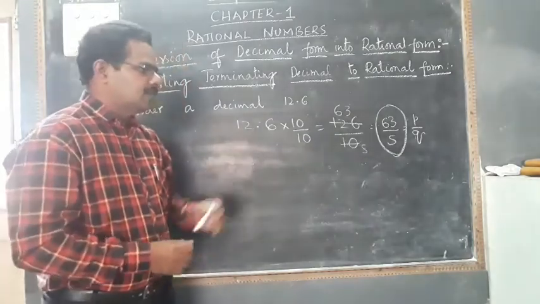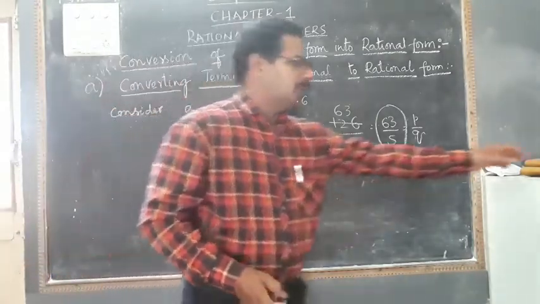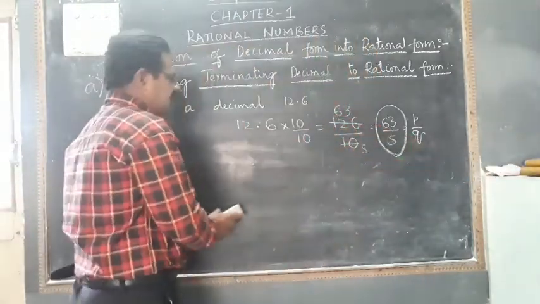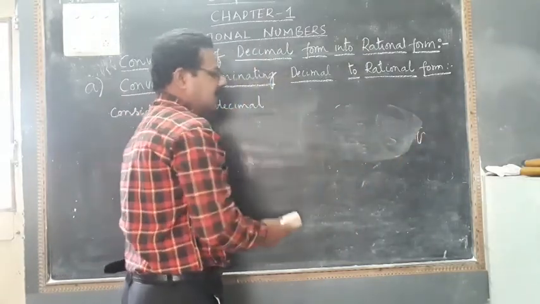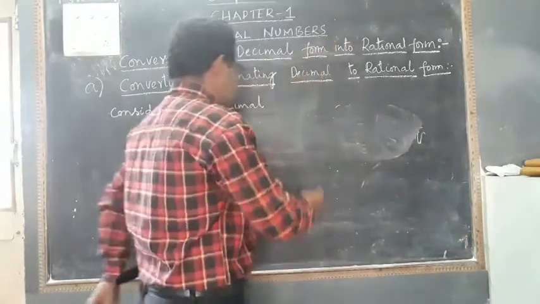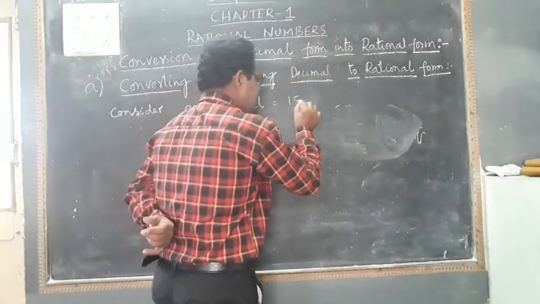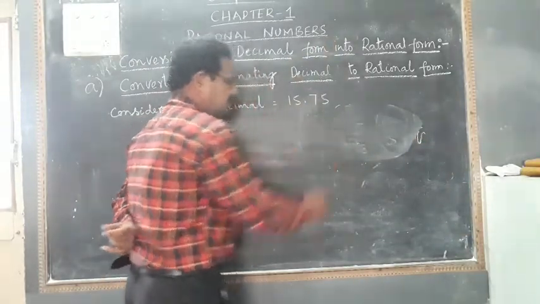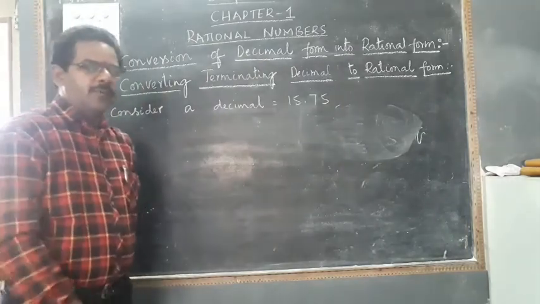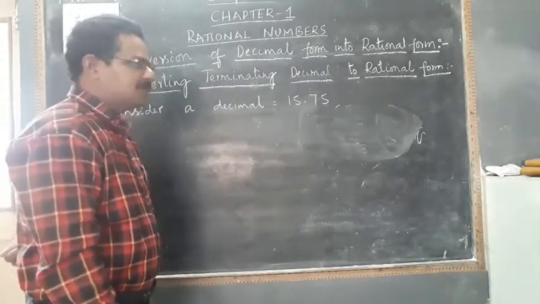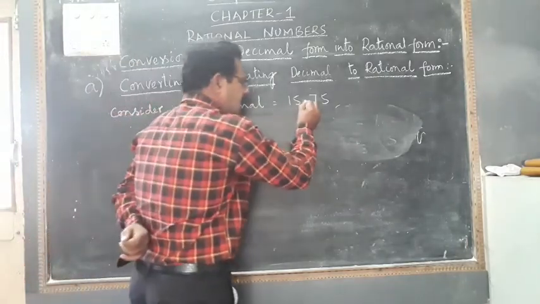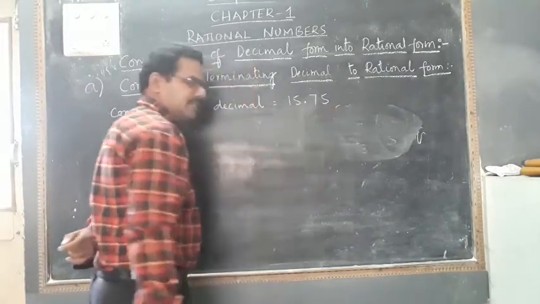Next we can take one more example with two digits after the decimal point. We can consider another number, 15.75. After the decimal point we have two digits.